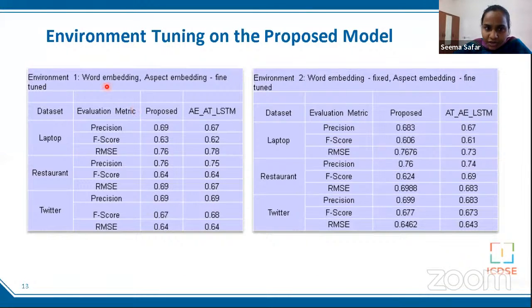Now, on fine-tuning both word embedding and aspect embedding, we can see much better results when comparing with the second table. This is also showing good results, but in terms of root mean square error, there is a bit of an increase in laptop reviews. That is the case with the restaurant as well as Twitter reviews also.